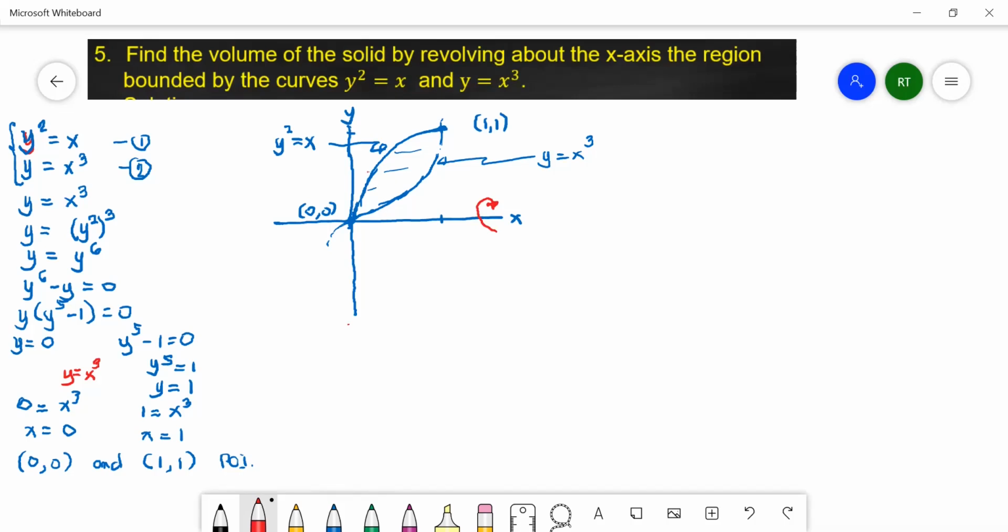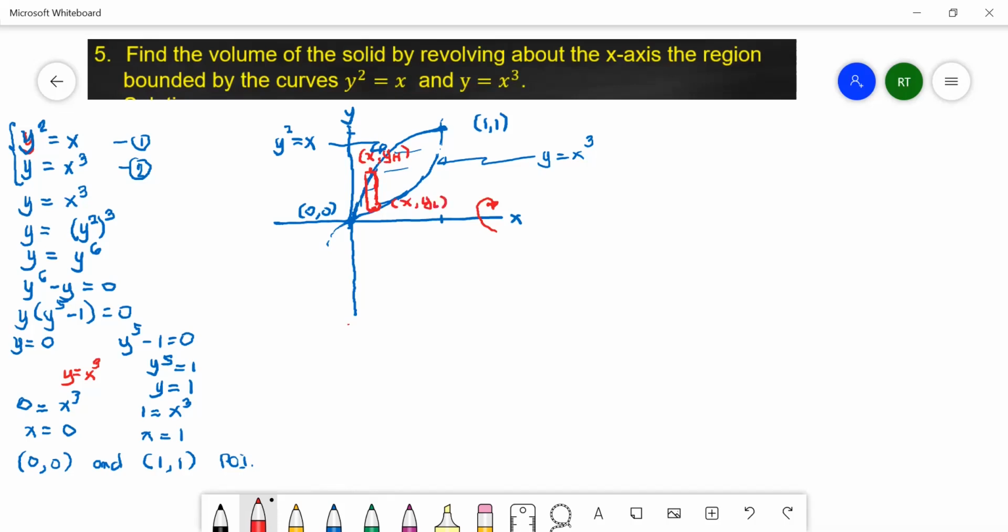So we can draw the element anywhere within the region touching the two curves. This point, of course, will have the coordinates x, y sub u, and the lower point on the lower end of the element will have the coordinates x, y sub l.